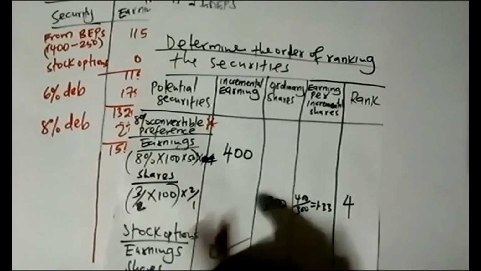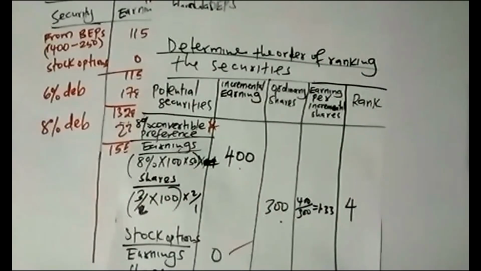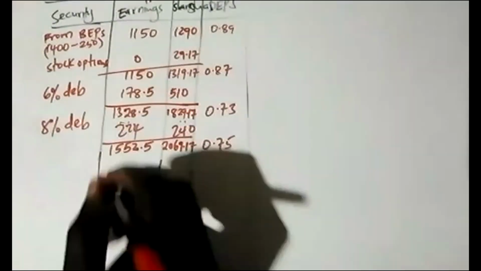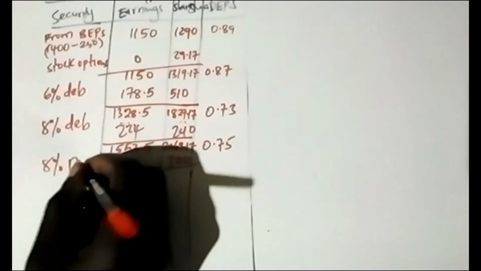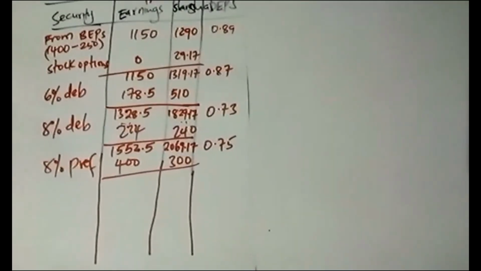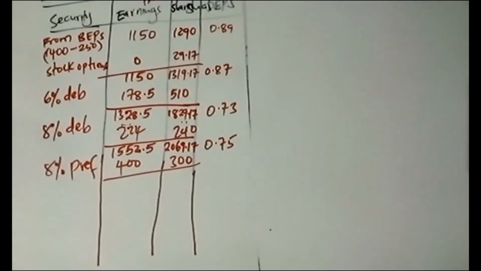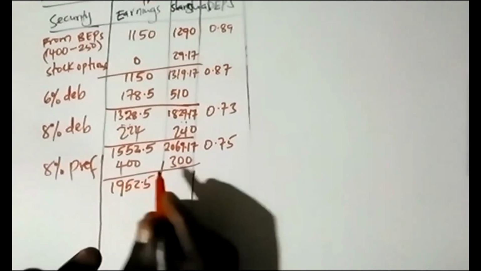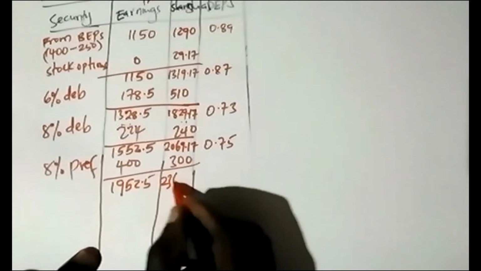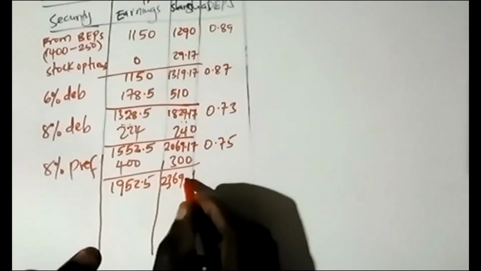So the 400 and the 300. This one was the 8% preference, the convertible one. So I'm writing just in short that it's convertible. This one will be 1952.5 and this one will be 2369.17.